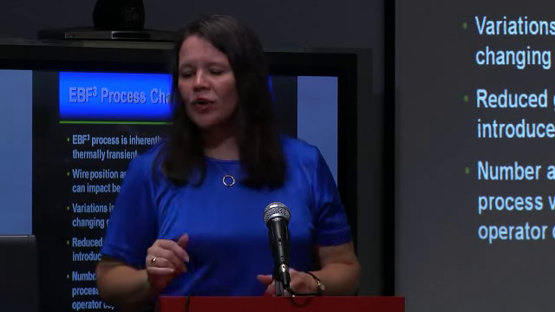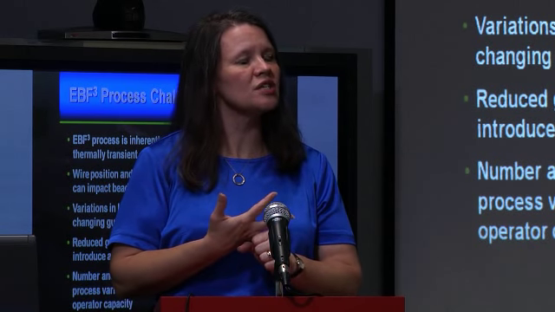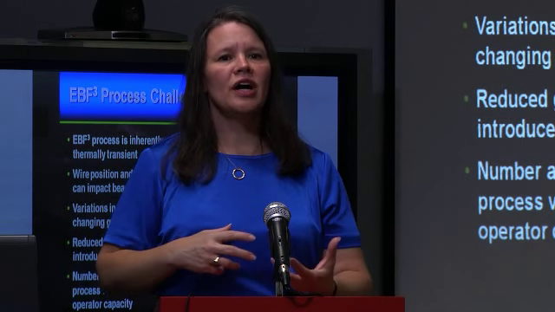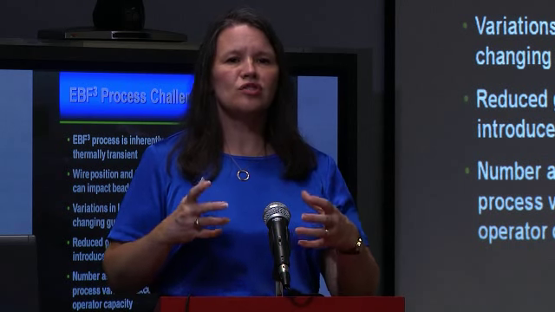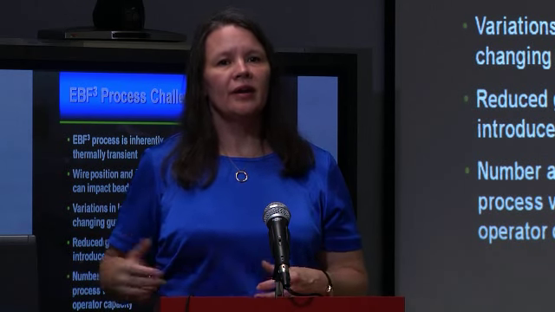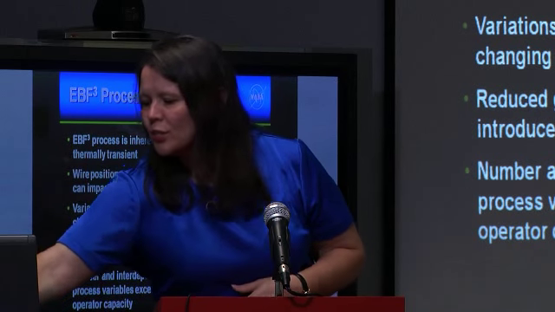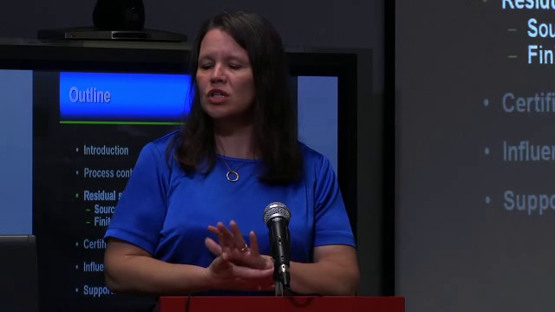And then the last point here: the number and the interdependency of the process variables really forces us to bring in modeling and simulation and try to turn the control over to the computer, so that you're not as good as Richard is feeling on that particular day. And you don't have to try cloning Richard for setting up another operation somewhere else. Okay, so residual stress and distortion, we're going to talk about next.